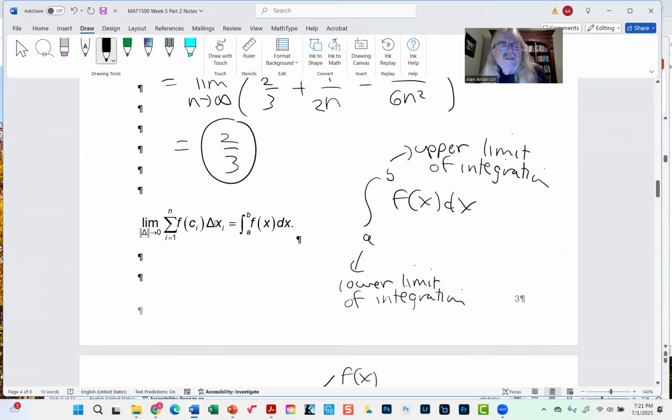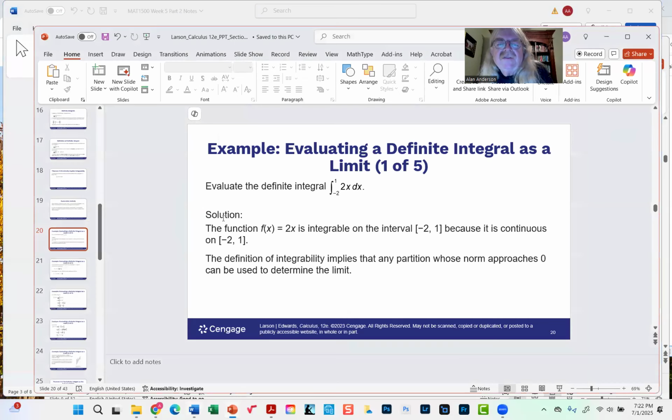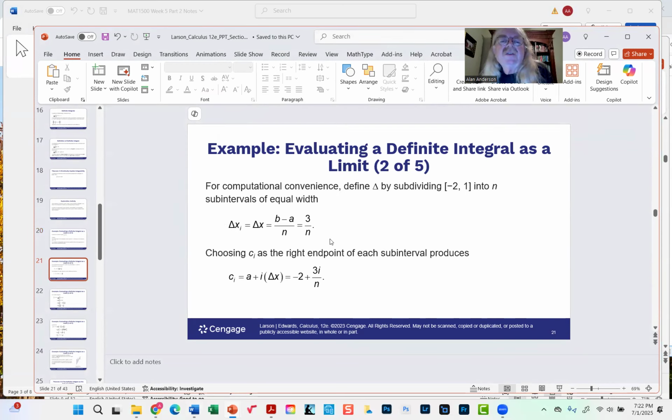So once again, we're going to use this approach. We're going to take the limit. First, though, we have to define, yeah, okay, so we're going to use this approach. We're going to use constant bases. We can still do that. We don't have to have them all be different. We're going to use delta x equals (b minus a) over n.